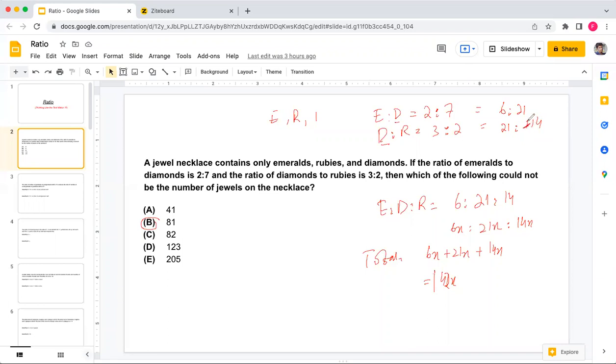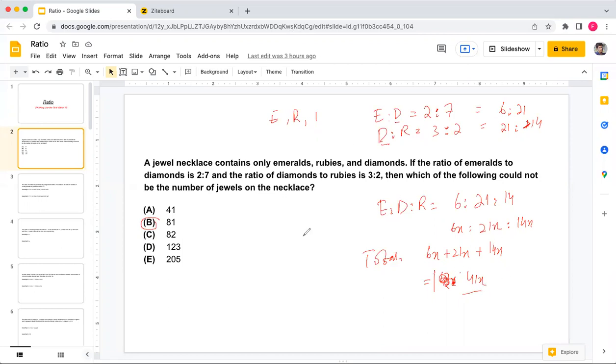Yes, that's the mistake. This is 14, right? So if I add all of these, this is 41x, not 42x. So this is 41x, yes, 41.